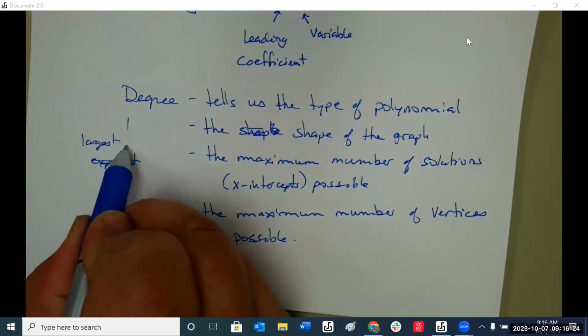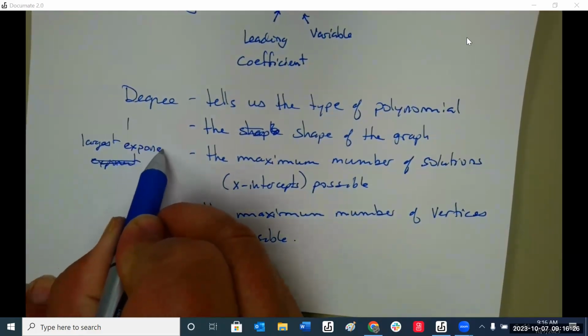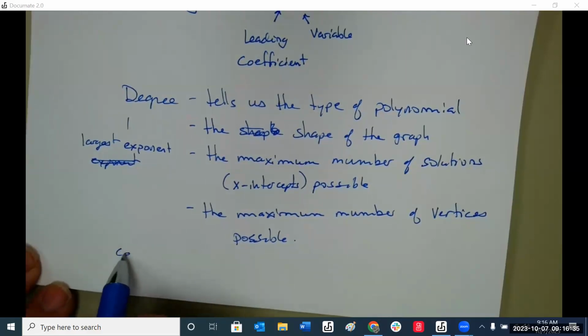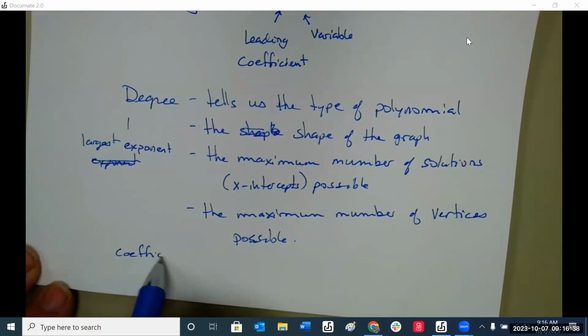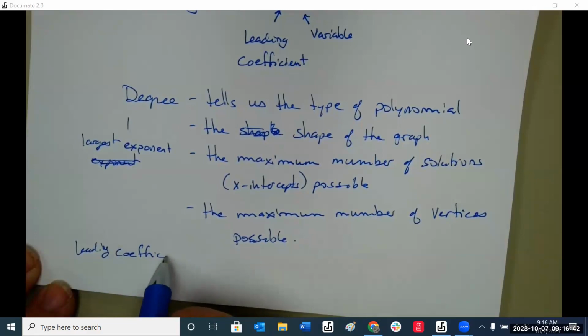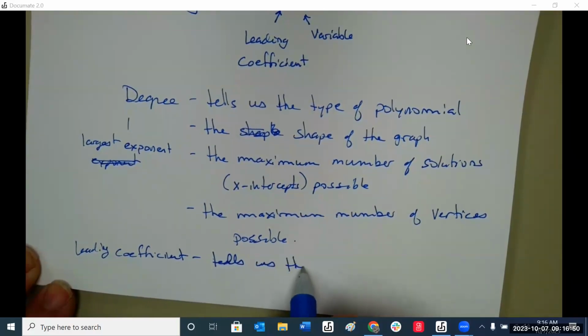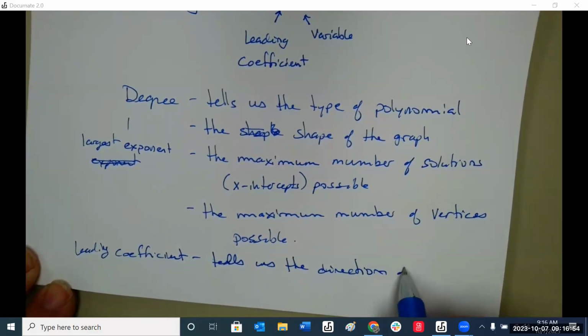The coefficient, the leading coefficient, tells us the direction of the graph.